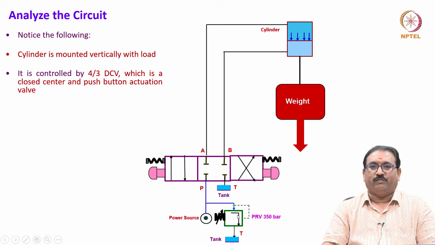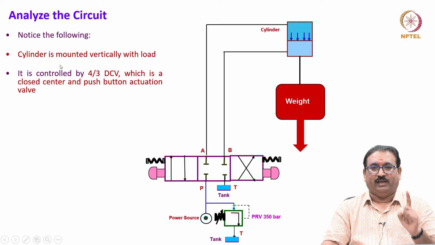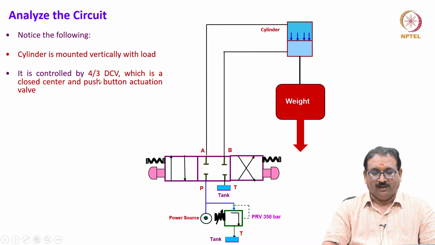Now, please note here, friends, how to realize this. The cylinder is mounted vertically with the load. Please understand this. It is controlled by a 4/3 DCV, which is a closed center push button actuation spring center. That is why there are two stiff springs at the end of the spool.